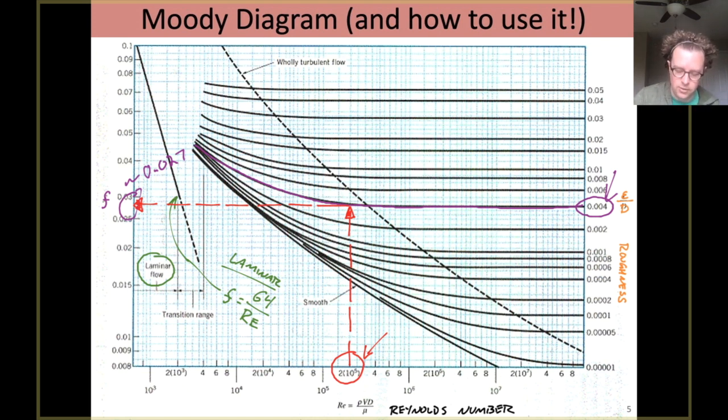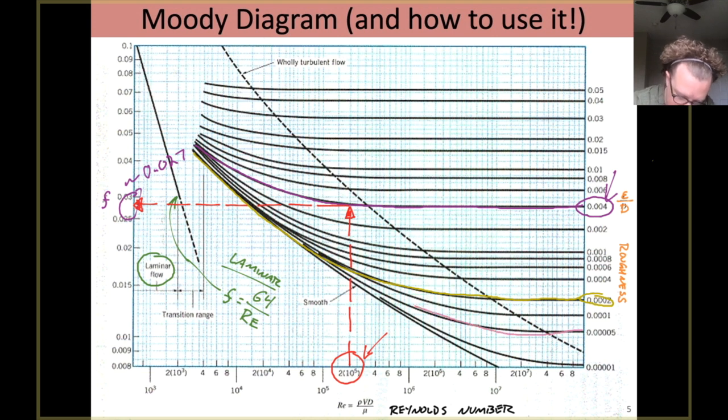The last thing I'll note for you here is that you'll see as these lines for a friction factor, so let me trace a lower one, a smoother pipe, as these lines get to lower and lower Reynolds numbers, they all start to collapse onto the same line. So I've traced one in yellow.